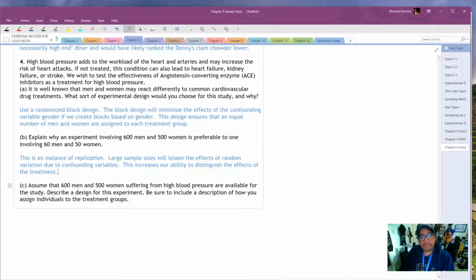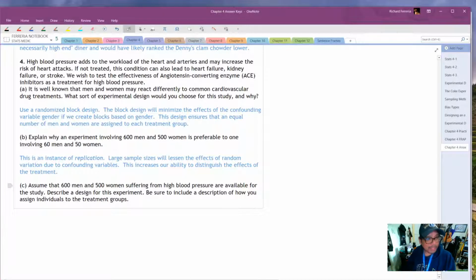So it increases our ability to distinguish the effects of the treatment. So we're more sure that if there is a difference in our response variable, that difference came because of our treatments rather than from random variation.